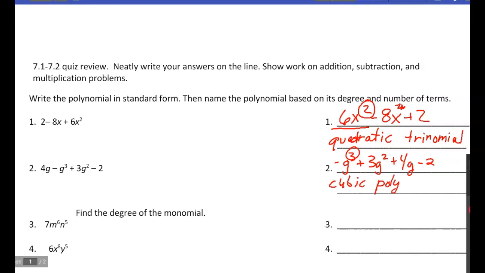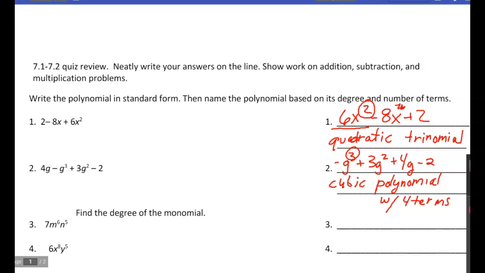And then it's a polynomial because it has 4 terms. And sometimes you have to label as a polynomial with 4 terms. So distinguish between 4 terms and if there's 5 terms and things like that. So just do cubic polynomial with 4 terms, although sometimes you might just see cubic polynomial.